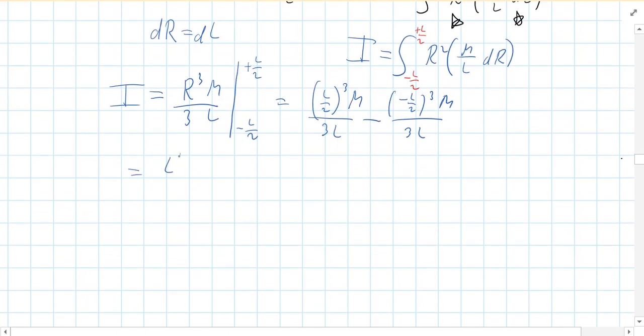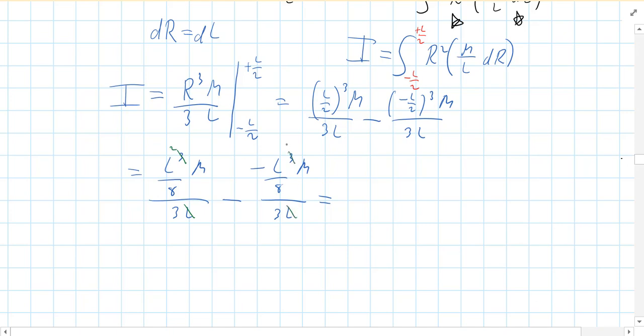We got L cubed over 8 times m all over 3L, and then minus negative L over 2 cubed is also negative, so it's negative L cubed over 8 times m all over 3L. All right, so one of these L's cancels, and this becomes a squared.